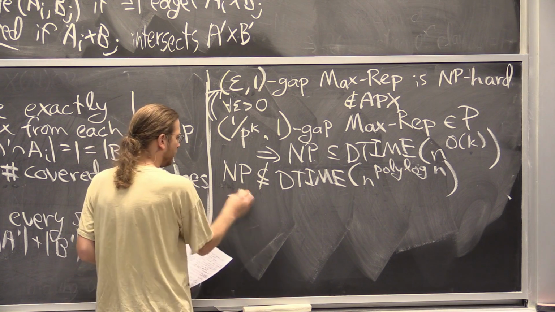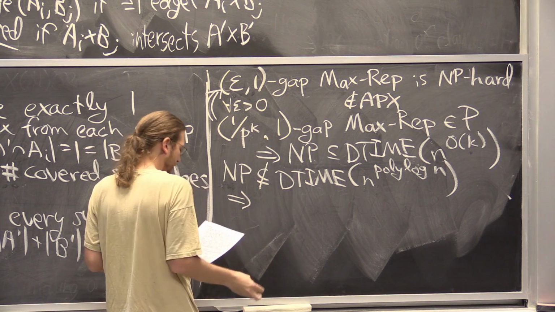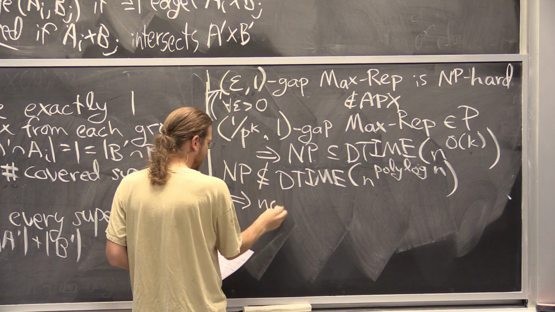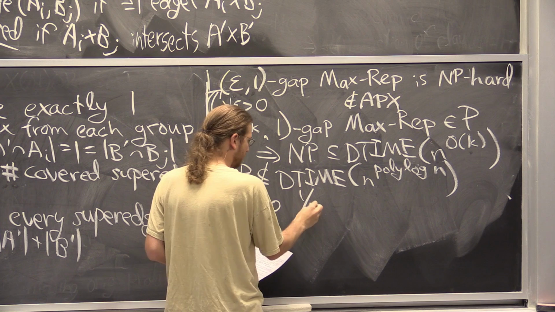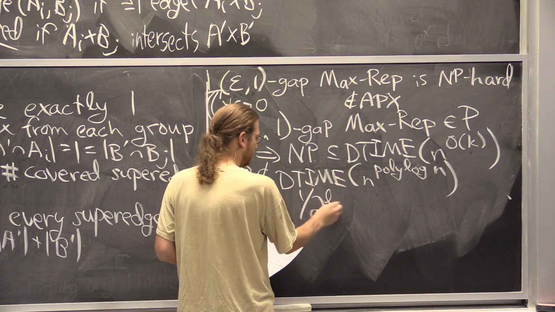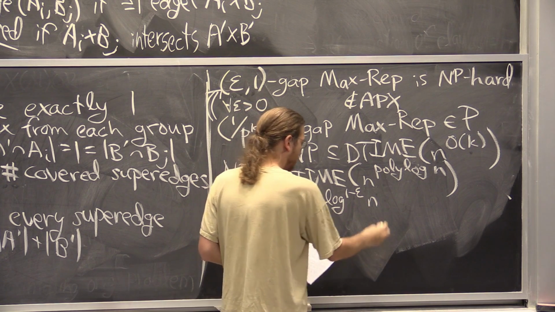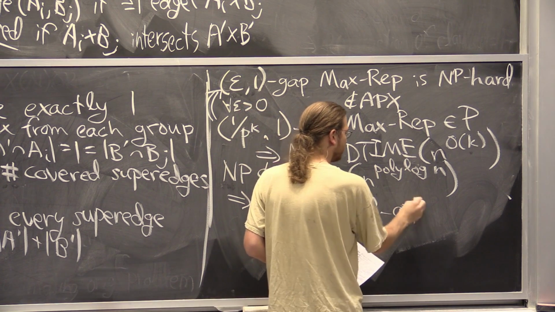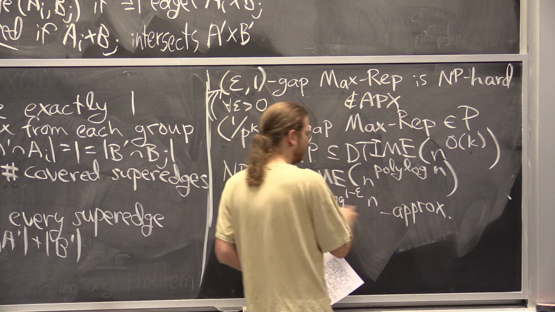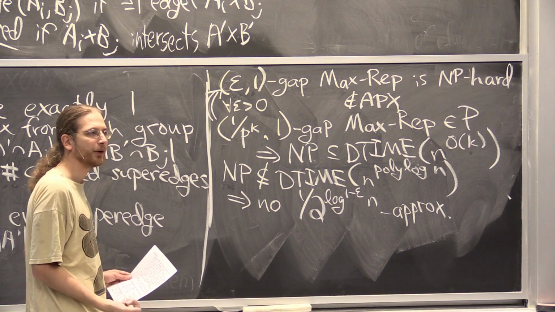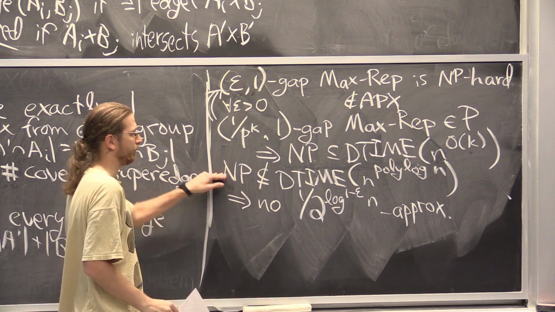Then what do we get when we plug in that value of k? That there is no 1 over 2 to the log to the 1 minus epsilon n approximation. Or also that this same gap is hard. Now it's not NP-hard, but it's as hard as this problem.